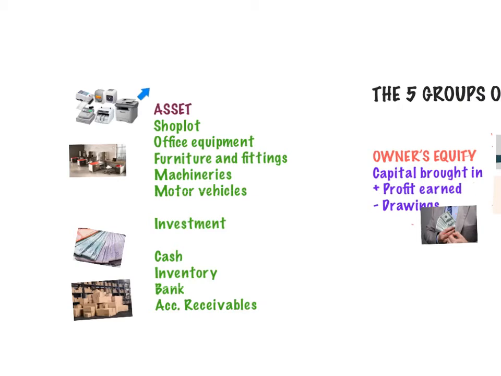Okay, so these are actually the assets that your business can have. If you can see here, the asset consists of shop lot, office furniture, machineries, and everything. And here, as you can see, these are the things that cannot move. This is not mobile. So this is what we call non-current asset.